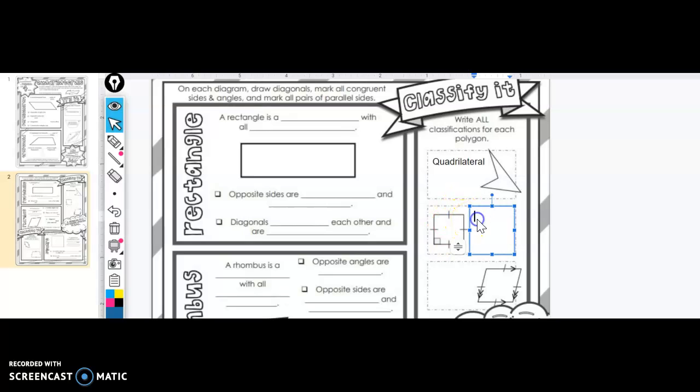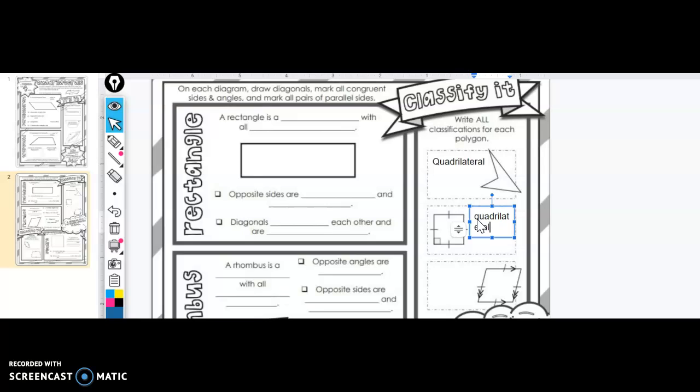But it also says to say all of the classifications. Well, we know that the square is made from a combination of the rhombus and the rectangle. So it's a square, a rhombus, a rectangle. We know all three of those are parallelograms. So it's also a parallelogram. And it's four sides. So it has all of them.